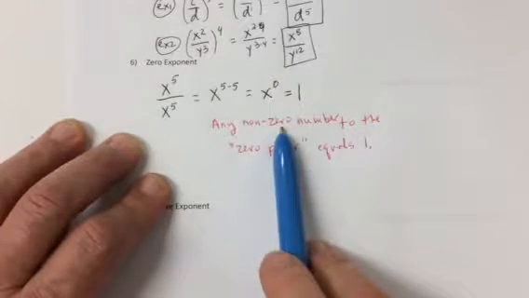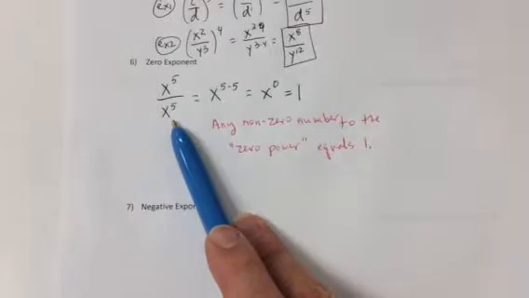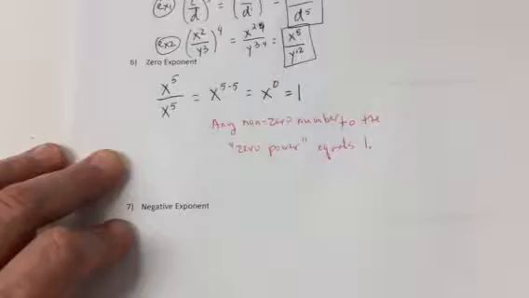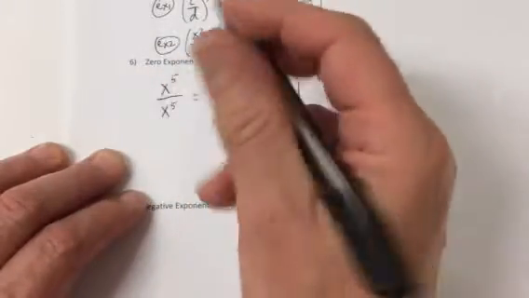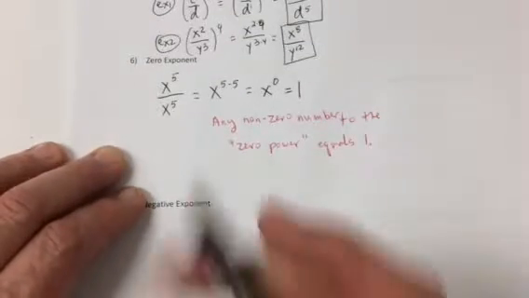It has to be a non-zero number if you're dividing, because you can't divide by 0. Dividing by 0 is undefined, so any non-zero number. So an example of this is, even 0 to the 0 power is undefined. You can't divide by 0.